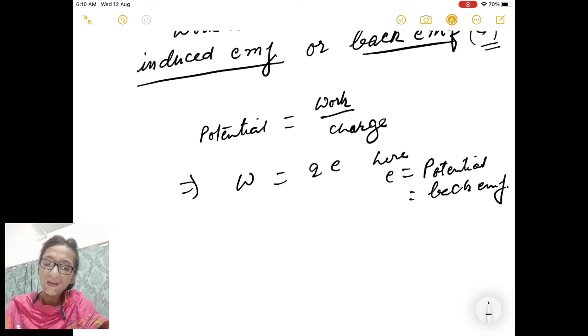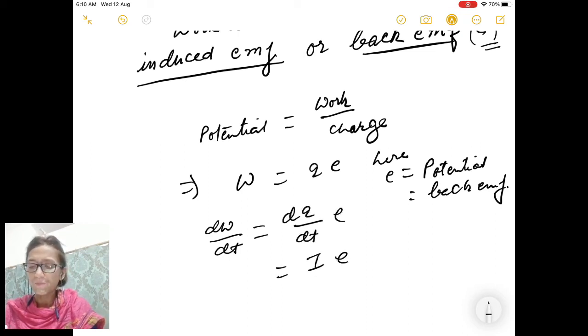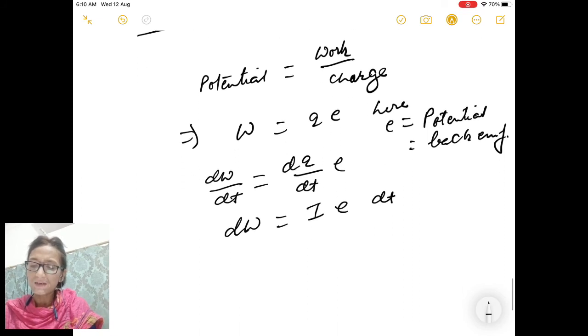So when you differentiate the equation, you will get that the rate of change of work done is equal to dq/dt times E, that is IE. So dW comes out equal to IE dt.